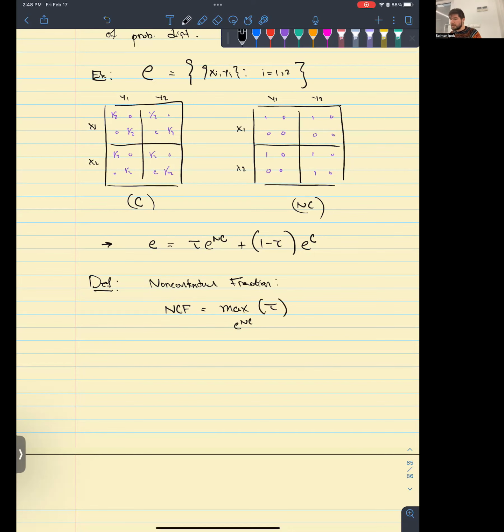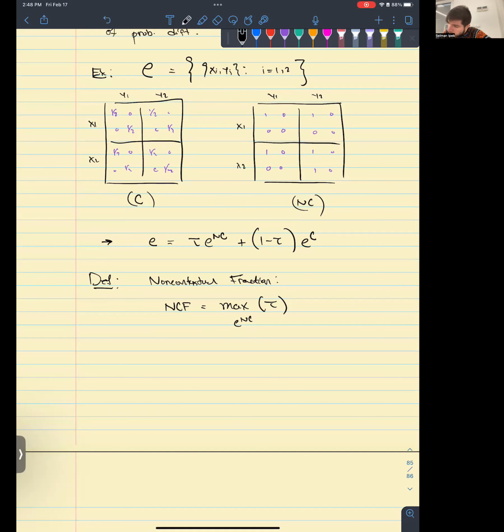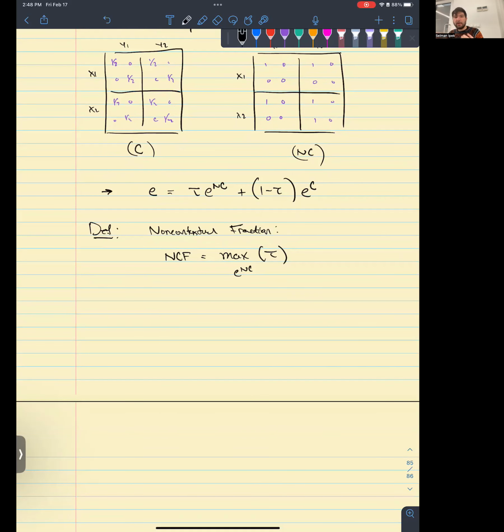For any given probability table, you're trying to pick out the maximum amount of it that can be described by these deterministic tables or convex mixtures of them. That tells you how much of the data can be explained by these classical distributions. And then the contextual fraction is just defined as 1 minus that.